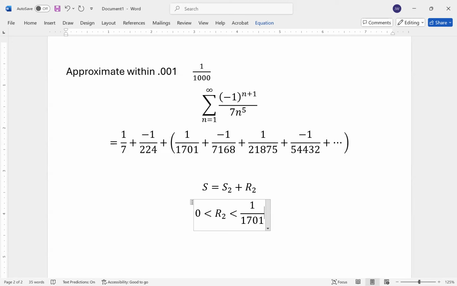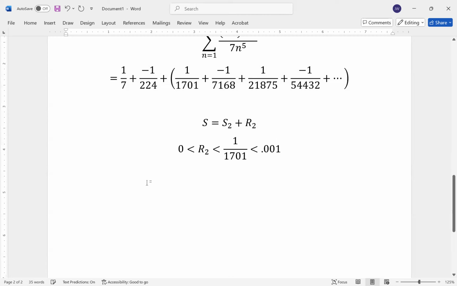And 1 over 1701 is in fact less than 0.001. So S2, which is just the sum of two terms, is going to be within 0.001 of the actual sum that I want.